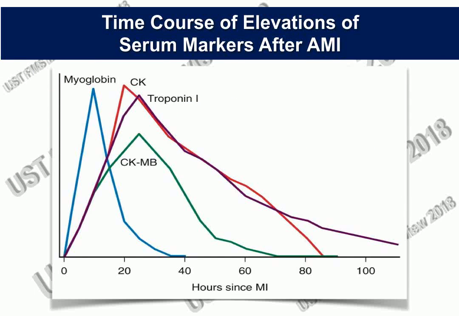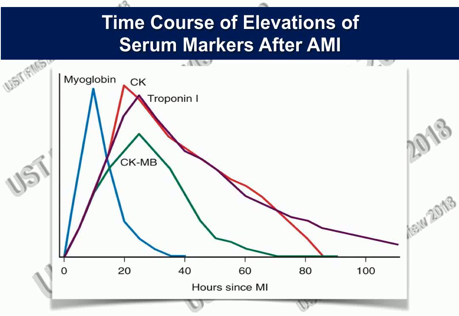Be familiar with the time course of elevations of serum markers after MI. And you know for sure well that your CK-MB is one of the earlier cardiac enzymes to go up, as early as 4 to 6 hours, but it quickly goes down in a few days, while your troponin I usually also goes up in about 8 to 12 hours with its peak in 24 hours, and it remains elevated for a couple of days.